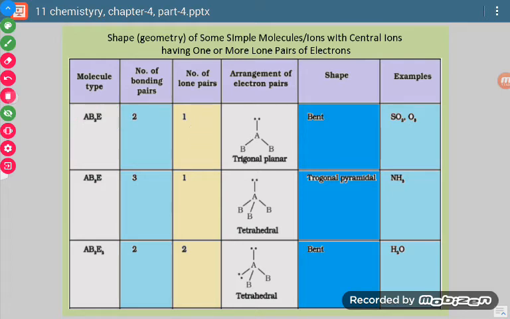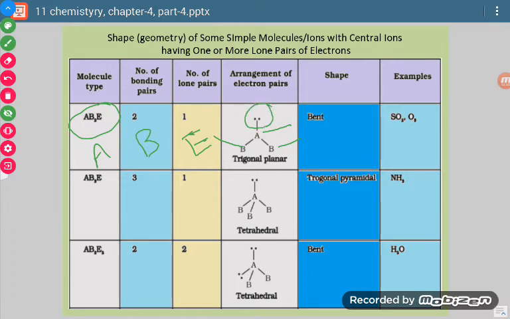So when we say AB2E, it means A is the central atom, B is the number of bond pairs, and E is lone pairs, empty or lone pair we can say. Now AB2E means A is the central atom, these two are surrounding atoms which are bonded with bond pairs, and this is a lone pair.